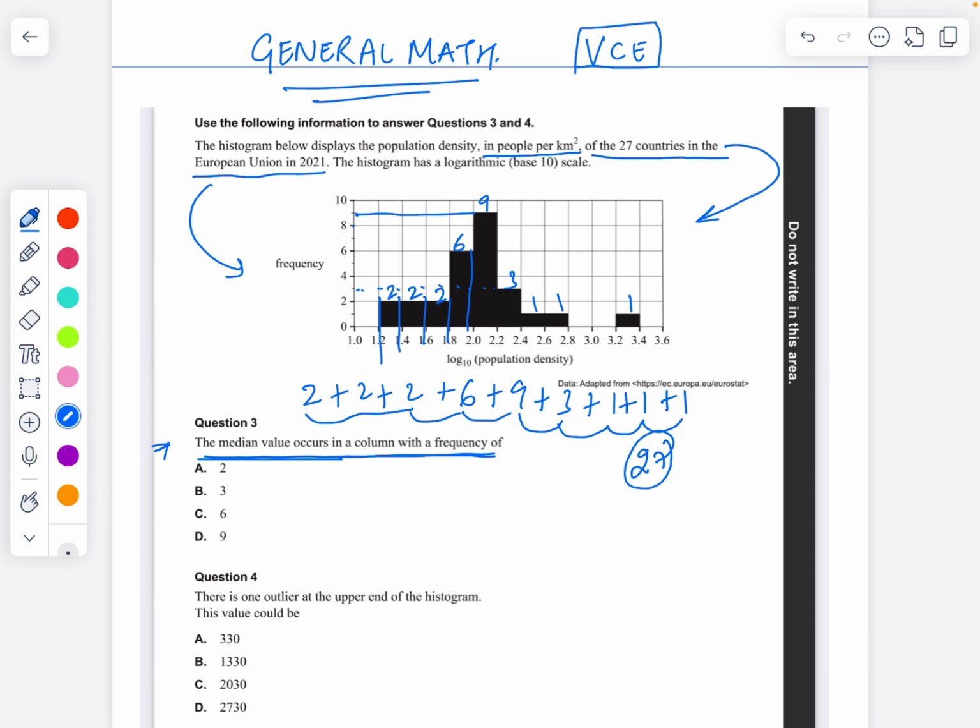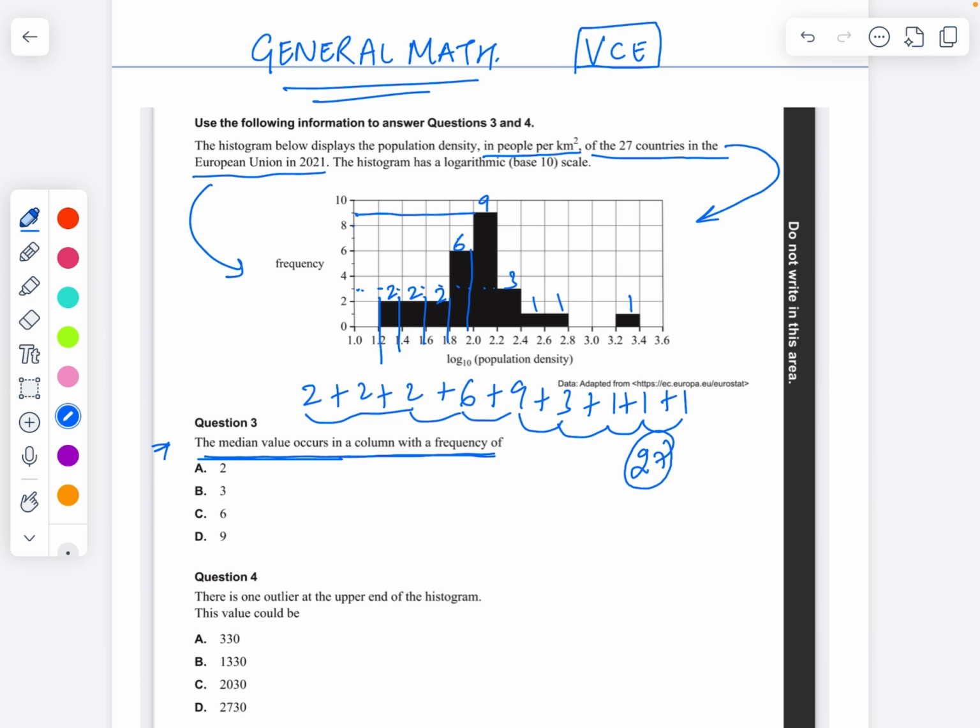You look at the middle value after arranging the data. Since we don't know the value of each data point, we can just figure out in which specific column the median value could lie.